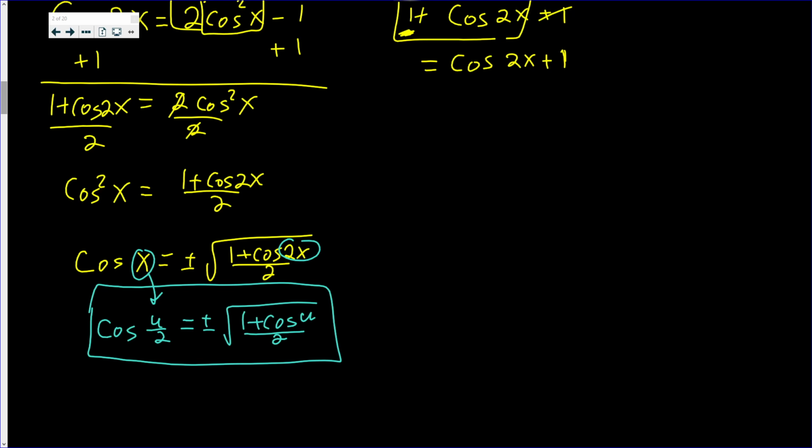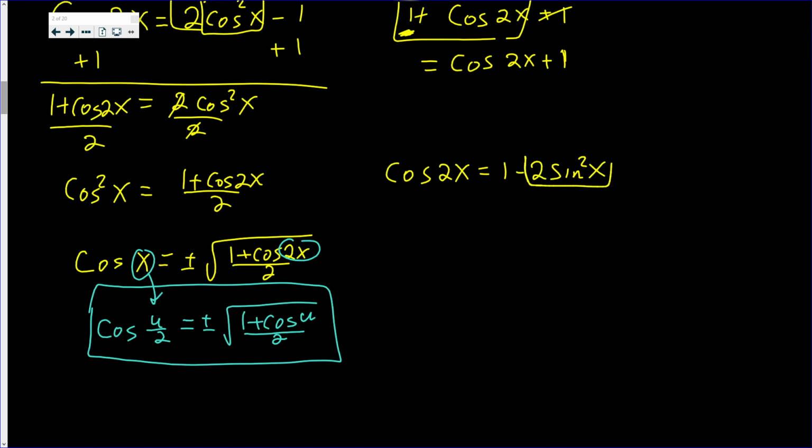Now, we also know that cosine of 2x is, that's 3 ways of writing cosine 2x, and one way was 1 minus 2 sine squared x. We want to solve for sine x.